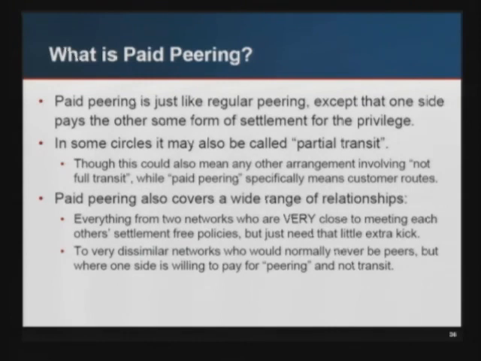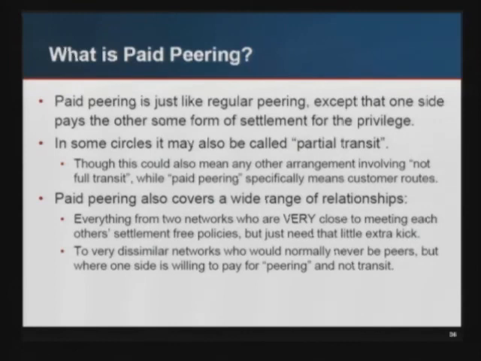And it covers a really wide range of situations, everything from two networks who are very, very close to meeting each other's peering requirements. They're razor thin close, but one side just needs that little extra kick to make them do it. You know, it could be a very small cost. It could be paying for the ports. It could be paying a very nominal fee for the ports.